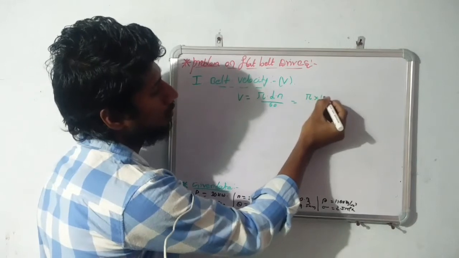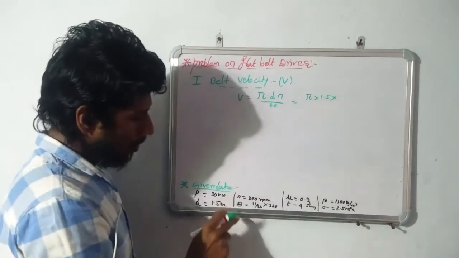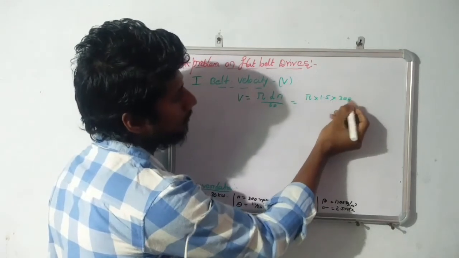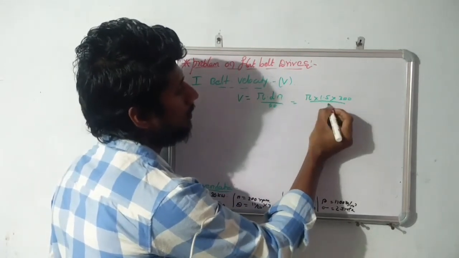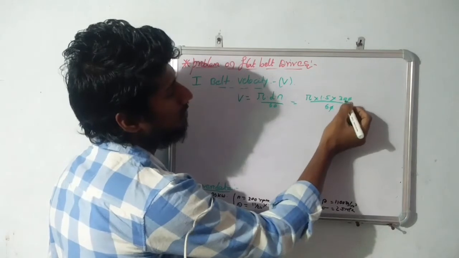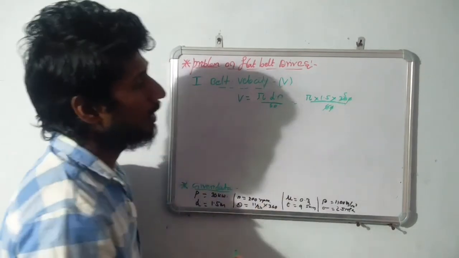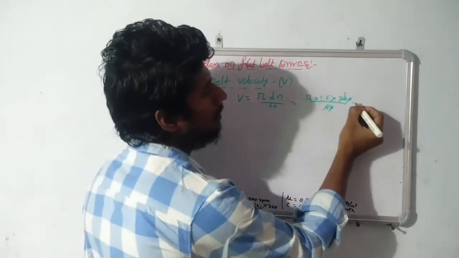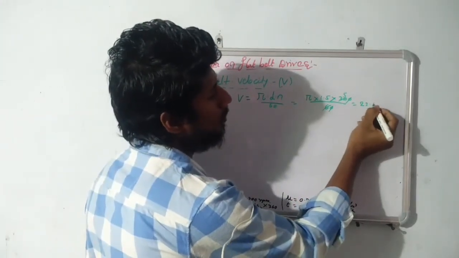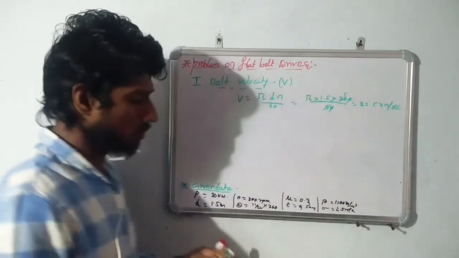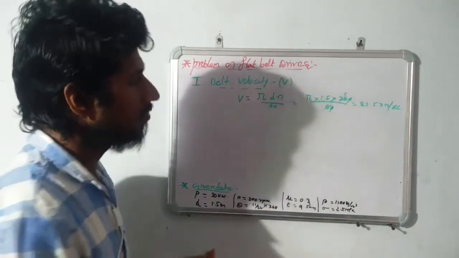So pi into 1.5 into the speed of the pulley, that is 300 rpm, divided by 60. By simplifying this, what we will get is 23.57 meter per second. So this is the velocity of the belt, v.